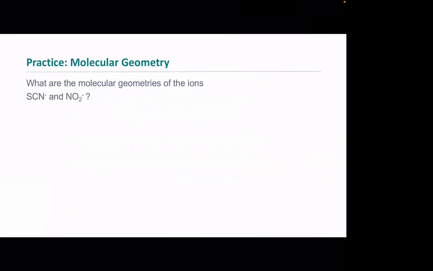So let's do these right here. Okay, let's start with the SCN negative one. How many valence electrons?